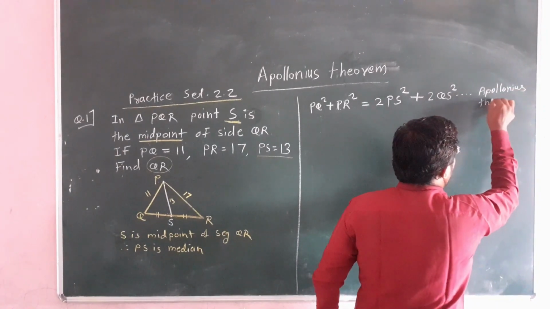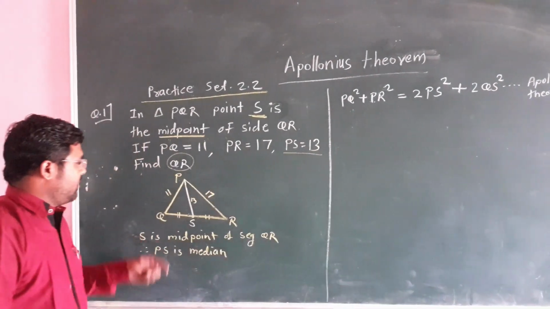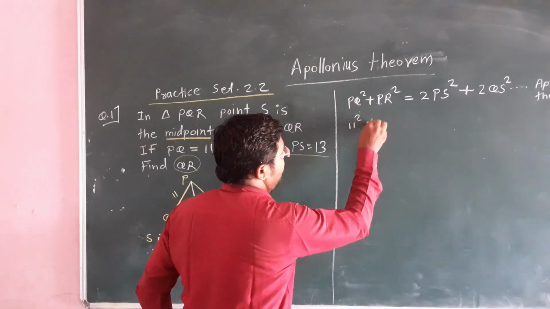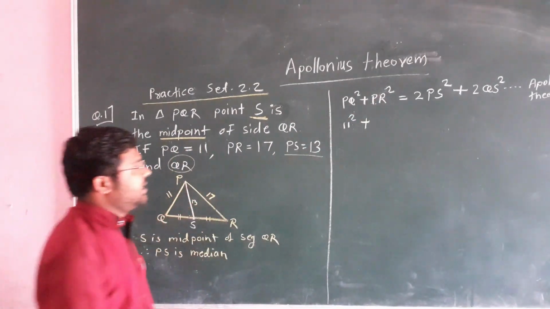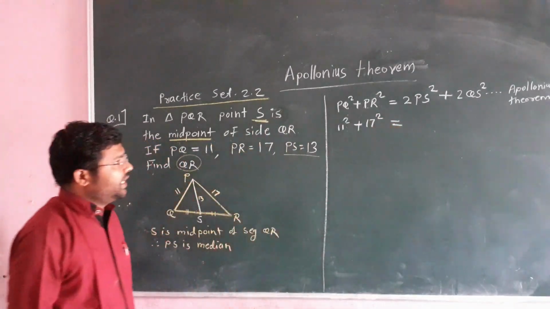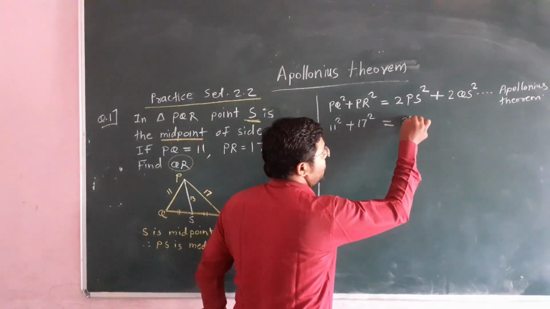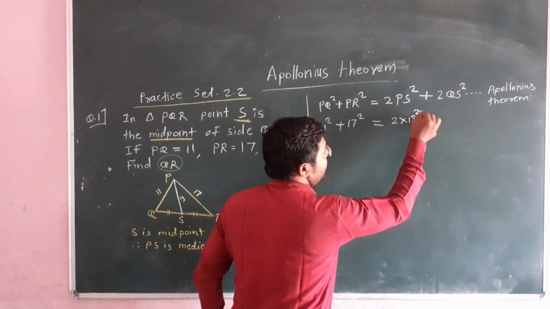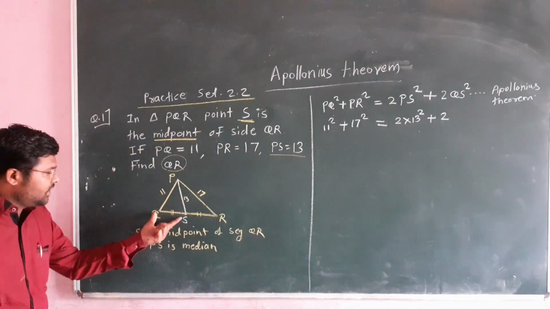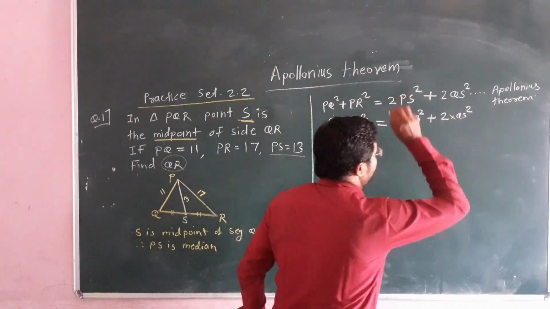By using the Apollonius theorem, now PQ square. PQ is 11, so write here 11 square plus PR square. PR is 17, so write 17 square is equal to 2 into PS square. The length of PS is 13, so write here 2 into 13 square plus 2 into QS square, because QS is not given.